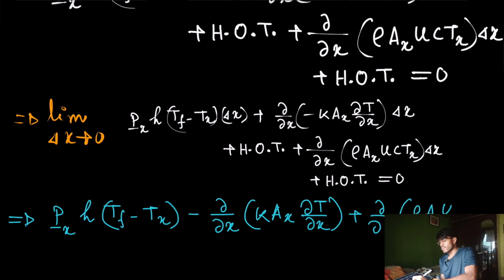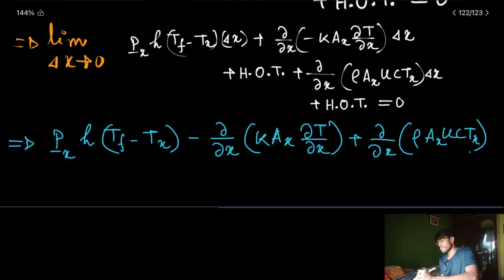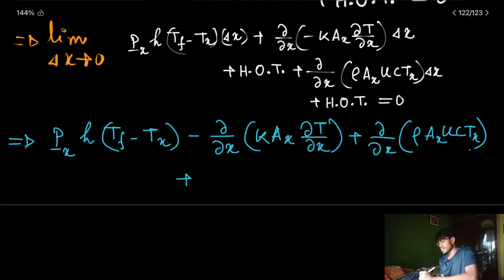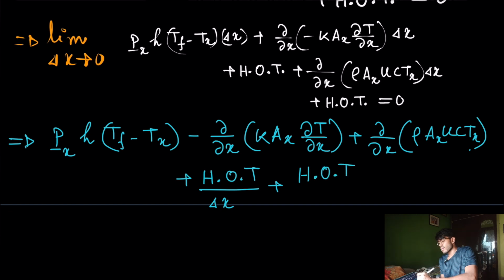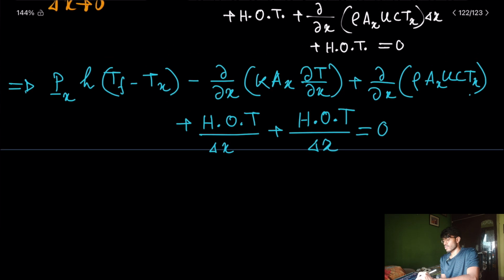Even if you do it after taking the limit delta x tends to 0, it won't matter, because I have said that delta x is tending to 0, but delta x is not equal to 0. Then I can divide anything by delta x. Clear?